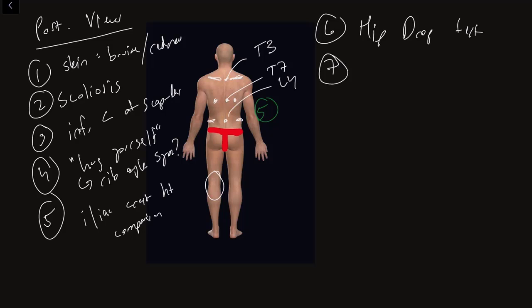And then moving on from the hip drop test, we move on to the seated flexion. There's also standing flexion. So the order in which you should do this, let me just write this correctly. Start with standing flexion.